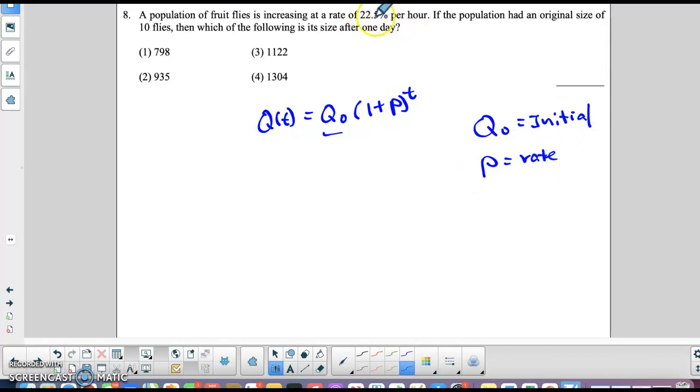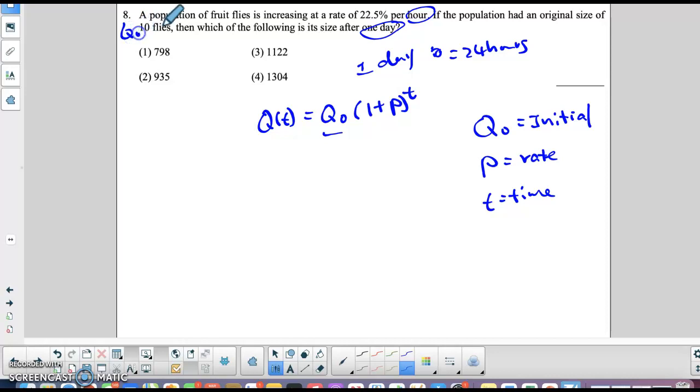When you see the percentage sign, that is what represents p. And what else? t is the time. However, here be careful, you have hours, and the other one you have days. Okay, that means you need to first convert a day into 24 hours. Okay, now from there, we can do substitution. Q of 0 equal to 10.